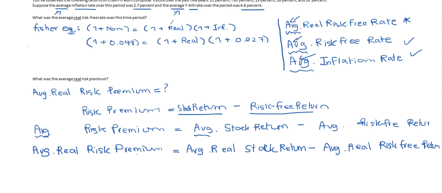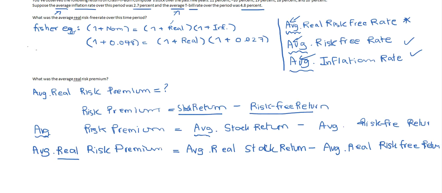Make sense? Last step, if you need to find average real risk premium, then you have to match everything else on the other side. So you have to have average real stock return subtract with average real risk-free return.